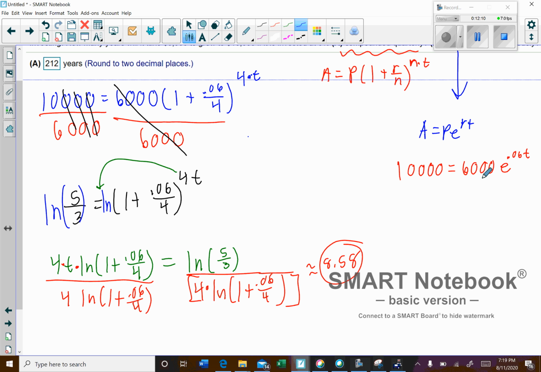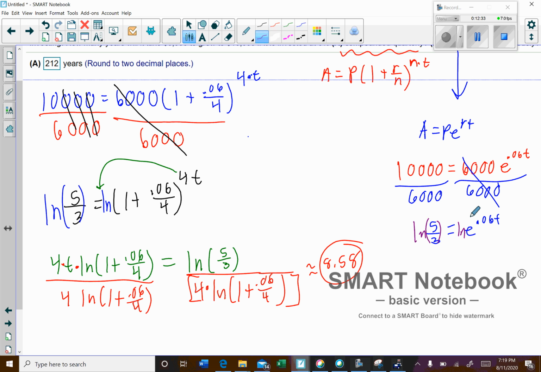All right, so we'll start by dividing by 6,000 again. That cancels out and reduces once again to 5 over 3 equals e raised to 0.06t. Like I said, this one will actually be a lot easier. I'm going to sneak in a natural log on both sides.